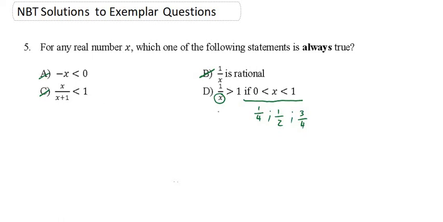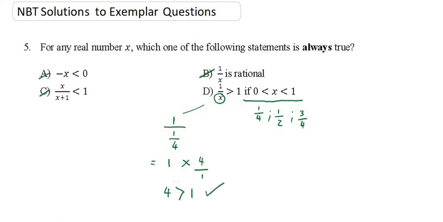Okay, so if x was a quarter, we'll have 1 over a quarter. What does that equal? In maths, when you are dividing by a fraction, you flip it over. The 4 goes on the top and the 1 at the bottom. So 1 times 4, your answer there would be 4. Is 4 greater than 1?